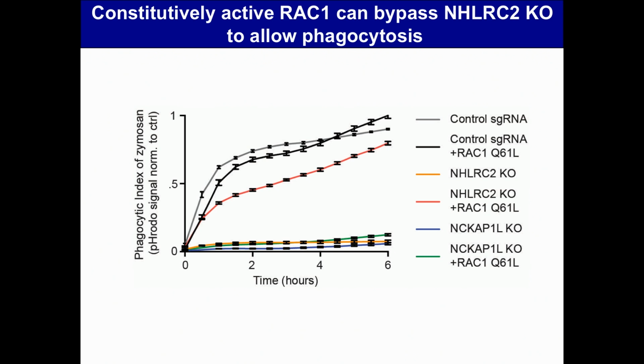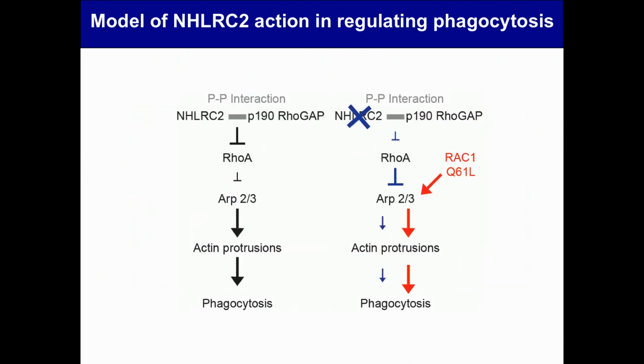So this seemed to be quite convincing, a case that it was indeed a new actin regulator. And so the model is something like this. NHLRC2 is an interactor of p190 RhoGAP that seems to regulate this upstream actin regulatory machinery. When you knock it out, you have a defect in actin reorganization.